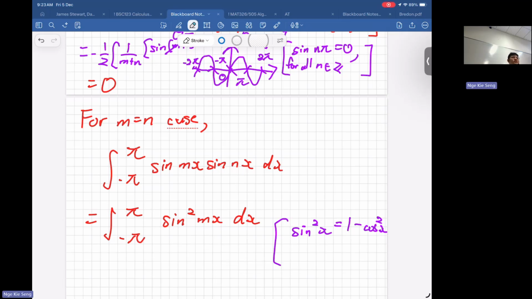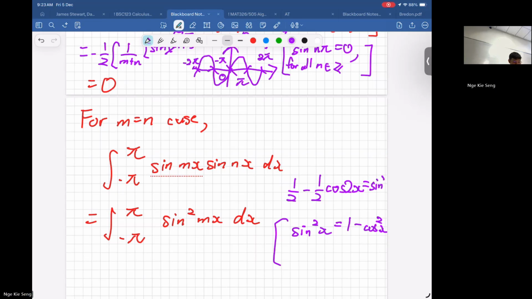Any other? Maybe the answer lies in the double angle formula. Try and get your trigo formula table out. Half minus half cos 2x equals sine square x.